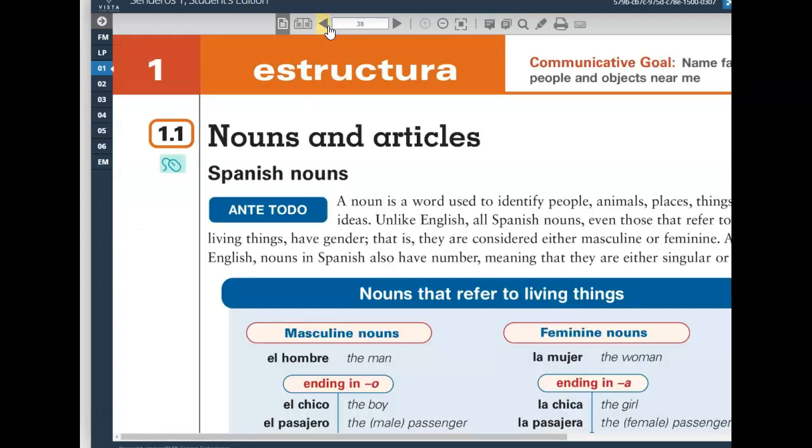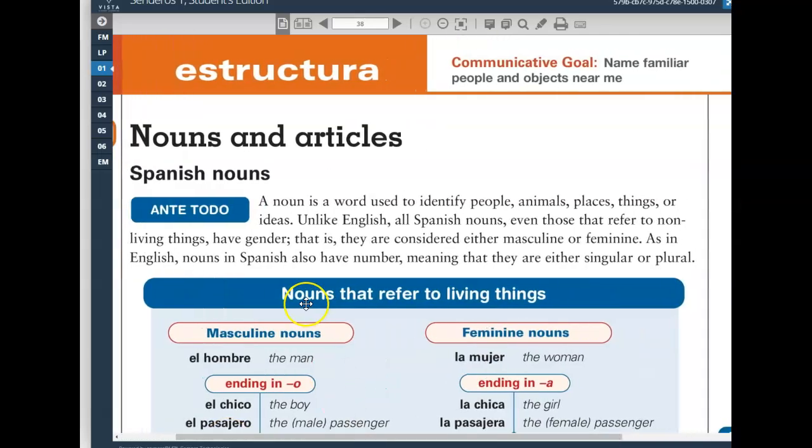If you take a look at your notes from last class, we discussed how, just like in English, nouns in Spanish can identify people, places, things, animals, inanimate objects, abstract ideas. However, different from English, Spanish nouns have this concept of gender, in that all nouns in Spanish are considered to be either masculine or feminine.